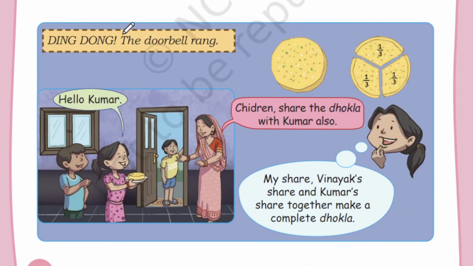Next, ding dong, the doorbell rang. What happened? Another friend came in. Then she is telling, "Hello, Kumar. Children, share the dhokla with Kumar also." So now what are they going to do? They are going to split this dhokla into three equal parts.